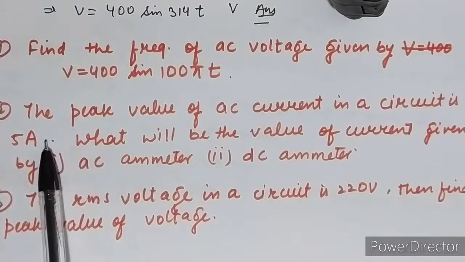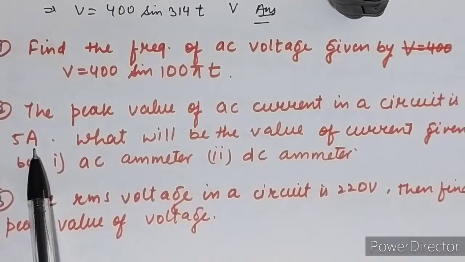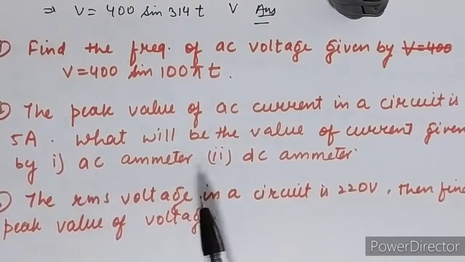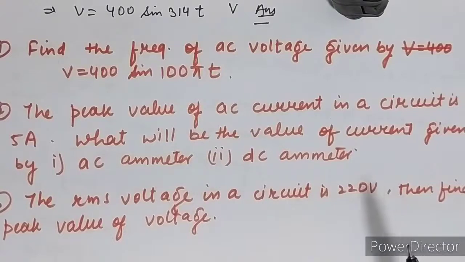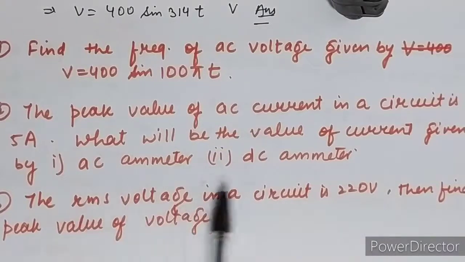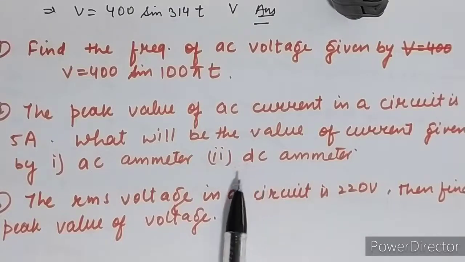So here it is 5 upon root 2. Clear? Simple as that. Now the second one is the DC ammeter. Always remember, the DC ammeter measures the average value for one cycle, and that is 0. So I is 0.